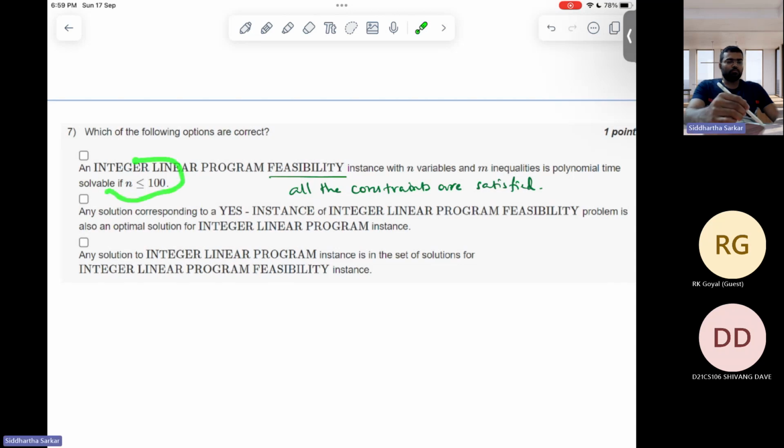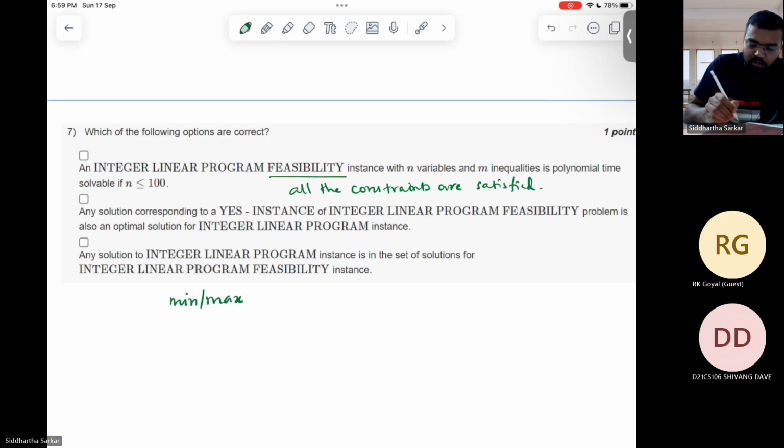So we have a relaxed problem. And so, what is the objective function? We are minimizing or maximizing something. Let us say the number of variables is at most 100. So it's a function of x1, x2, let us say 100 variables.